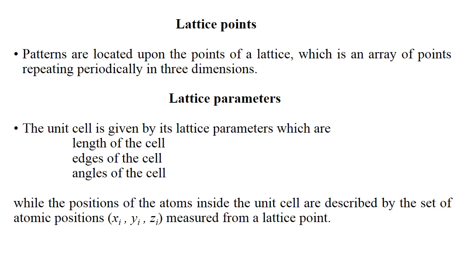The unit cell is given by its lattice parameters, which are the lengths of the cell edges and the angles of the cell, while the positions of the atoms inside the unit cell are described by the set of atomic positions, which are xi, yi, and zi, measured from a lattice point.